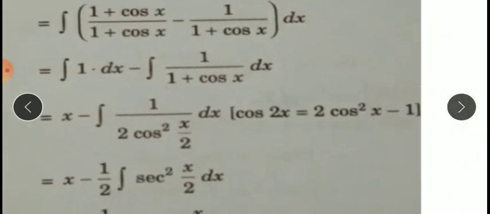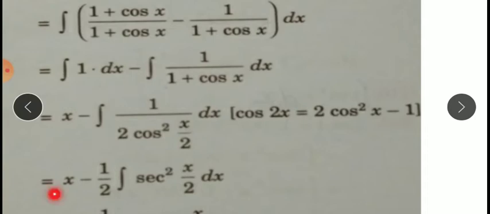Integration 1 is x minus, we know the formula cos 2x is equal to 2 cos square x minus 1. If we want to write the value of cos x here, we can write it as 2 cos square x by 2, because plus 1 minus 1 will be 0.